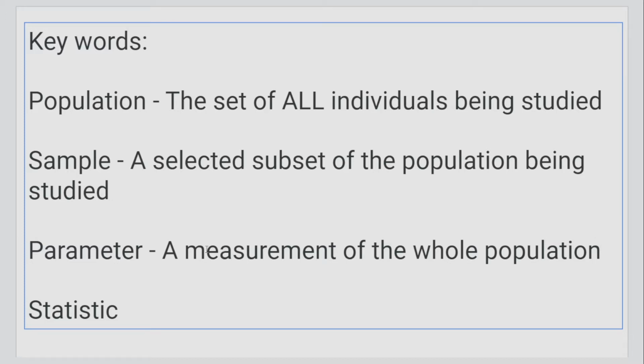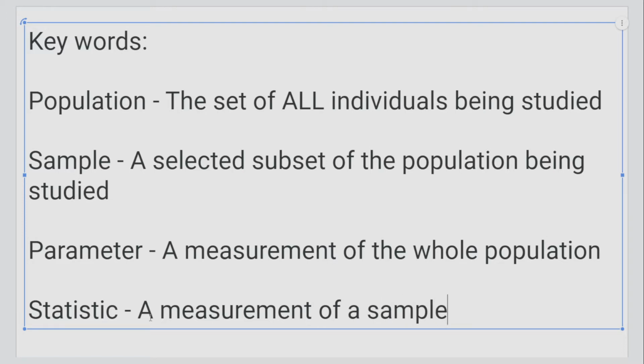And we can find that out by using a statistic, which is a measurement of a sample. So we use a statistic to guess at a parameter, right?